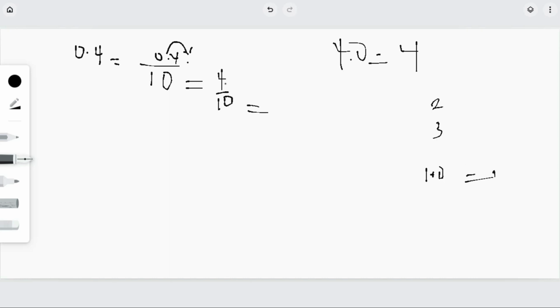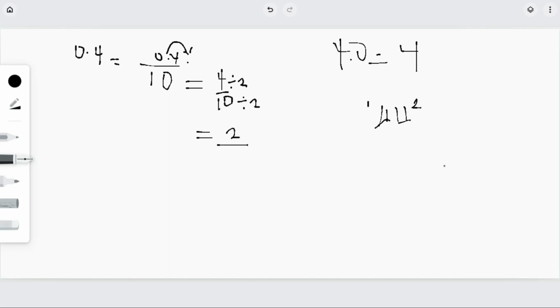So let's use 2. Divided by 2, and this one also divided by 2. So that will be equal to, how many 2s can you see in 4? If you count 1, 2, 3, 4, I'm counting like this so that you can see, 1, 2.